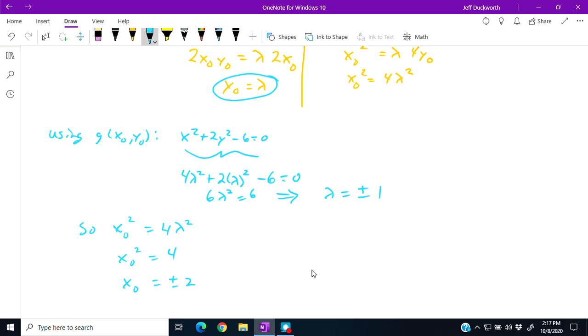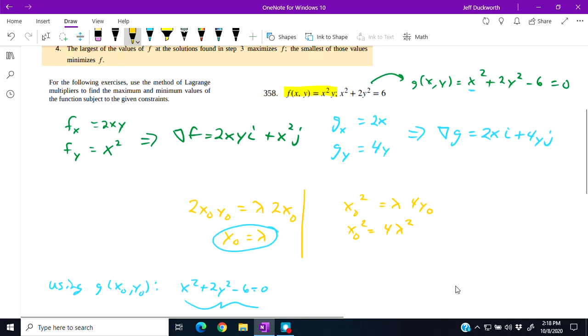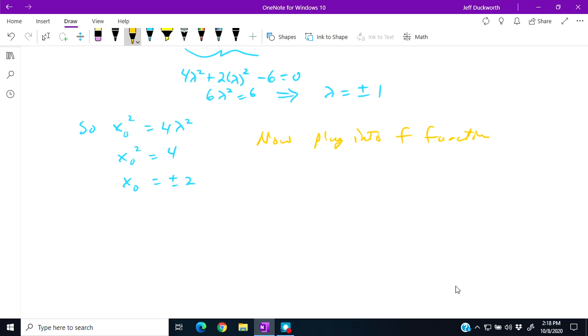So let's take a look at this; we're going to plug this into f now. And our f function above, I believe, is just x squared y. It is. So we have the different possible points.